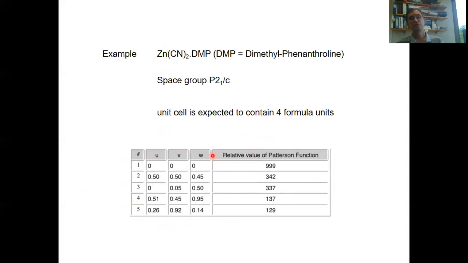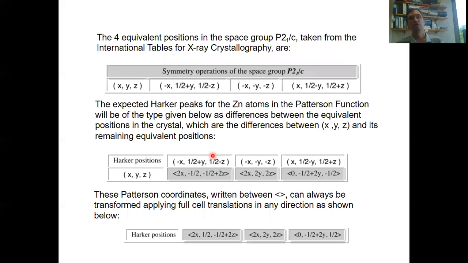So now we can use Harker lines and Harker planes to derive exact atom positions. And we can do this the following way. So we know that we are in the space group P21/c.